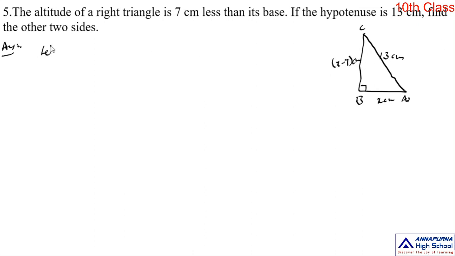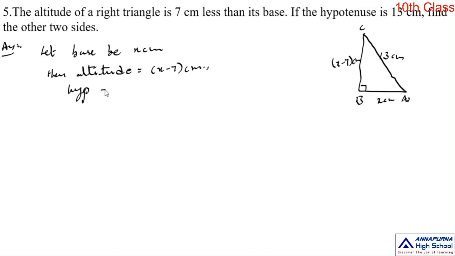Okay, let base be x centimeters, then altitude is equal to x minus 7 centimeters, and hypotenuse, it is already given, it is equal to 13 centimeters.